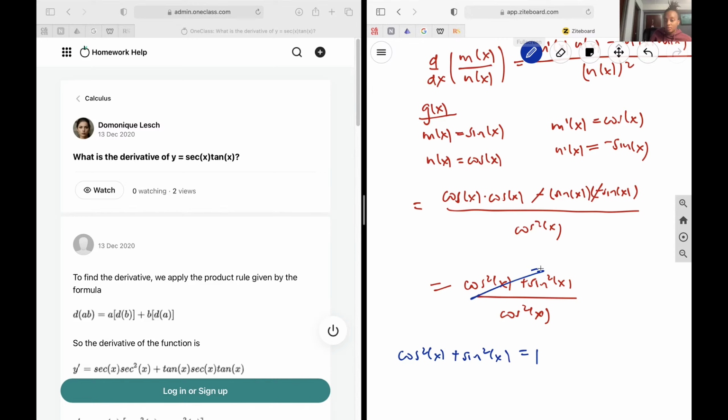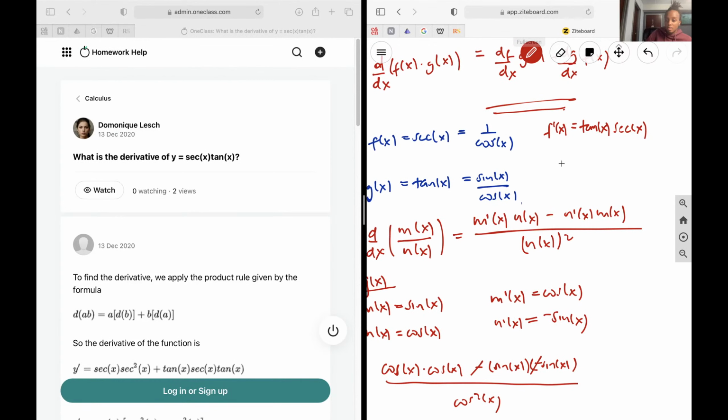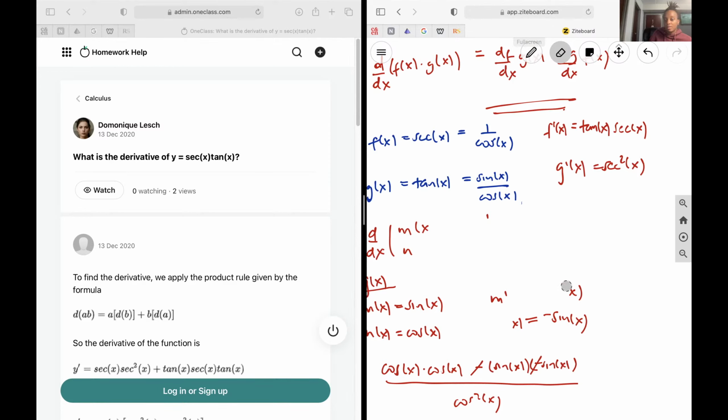And so I can swap this all out for 1. And I will get 1 over cos squared x, and that is equal to secant squared x. And so that's going to be my derivative of g of x is secant squared x. Okay, so now that I have those, I can put them back into my product rule and find my final answer.